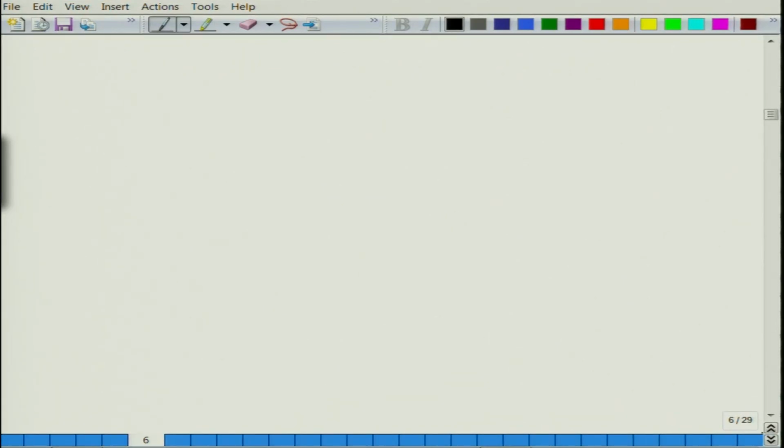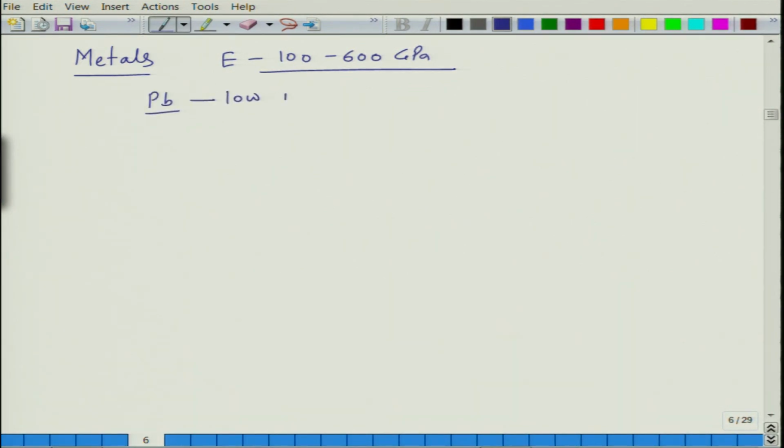If you look at metals now, metals show modulus values from 100 to let us say 600 GPa. And if you look at various metals, you have low melting point metals such as lead. Lead is a low melting point metal, 327 degrees centigrade, and its modulus is nearly 15 GPa, very small.